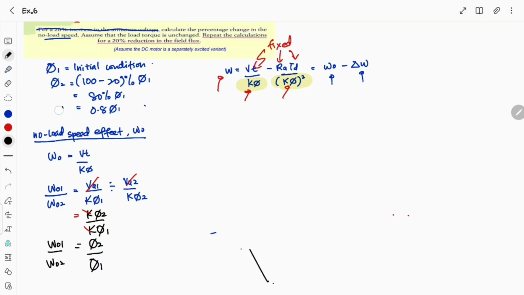And flux 2 here equals 0.8 flux 1. So 0.8 flux 1 over flux 1. We can cancel this part, which gives you, I bring this omega naught 2 to the right.